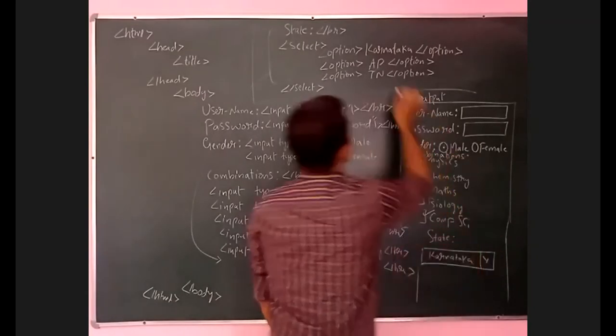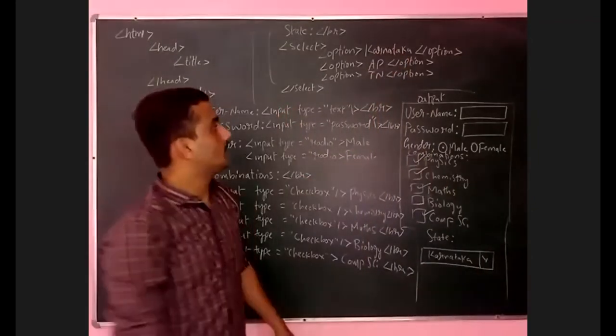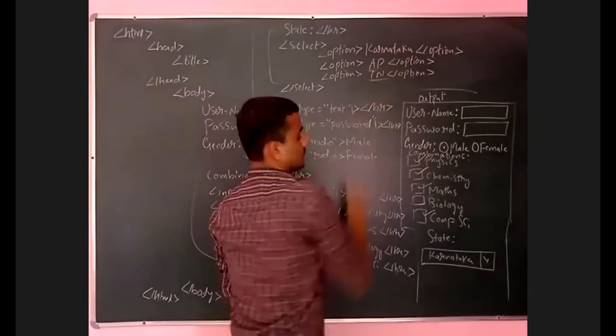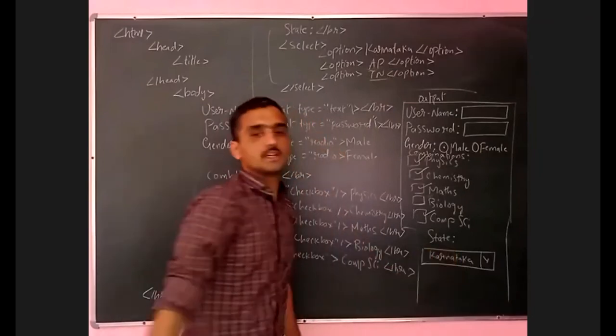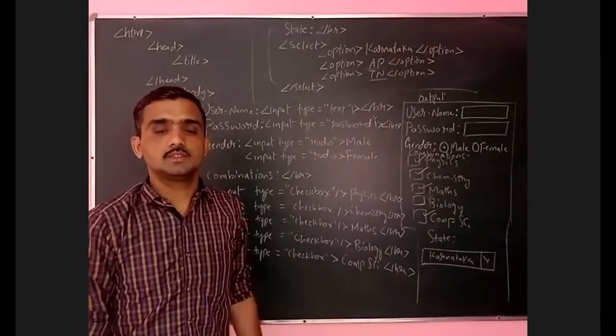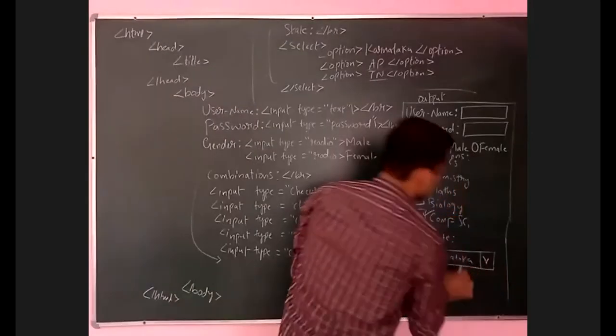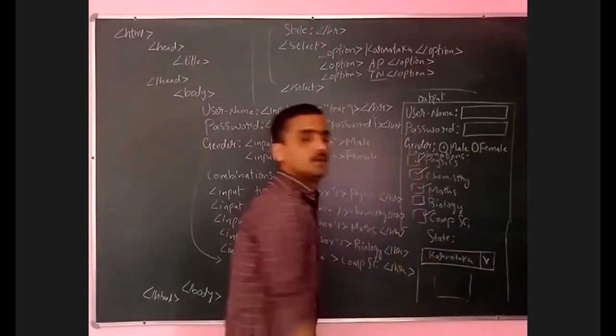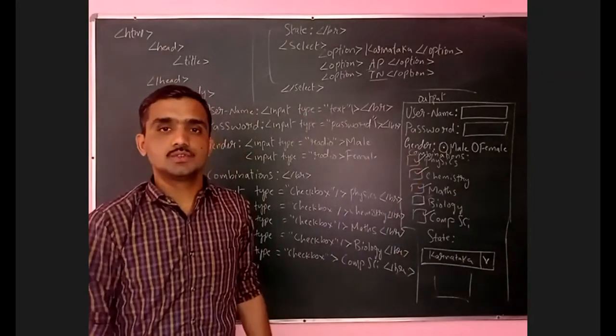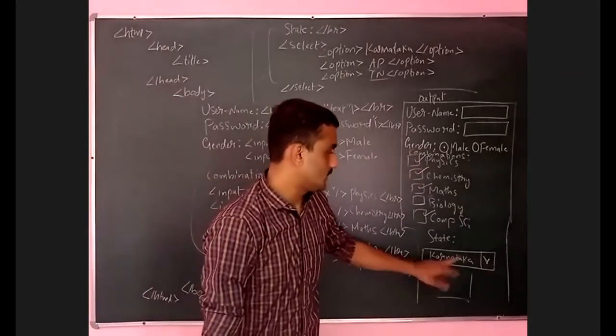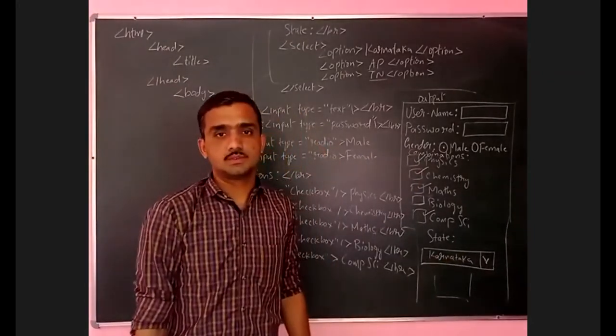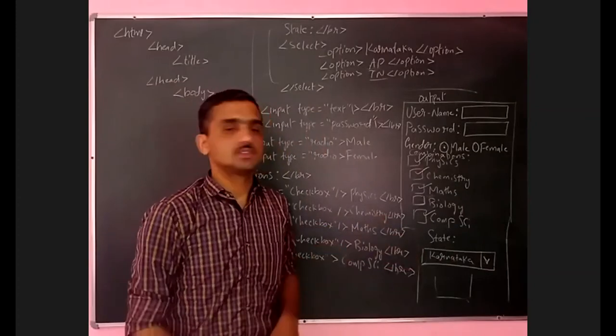Whatever you have written, the words AP and TN, will not be displayed. It is hidden in the selection box. Once you click on this arrow mark, AP and TN will appear down. Then you can select it. Whichever you select will appear in the box.